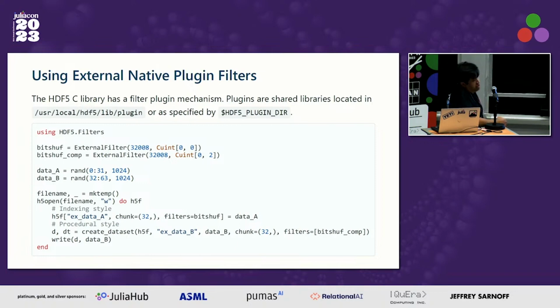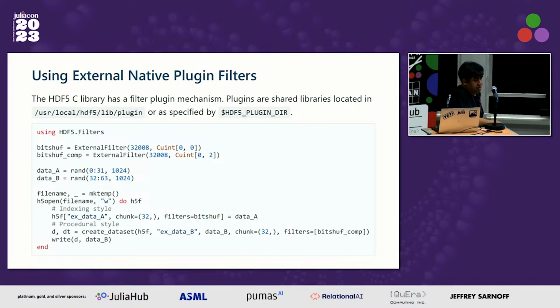So in this case, for an external filter, what I mean is you have a dynamic library that you're loading. So the compression plugin itself is implemented in C. You're just trying to load that through the HDF5 library rather than using one of our Julia-based things. And in that case, all you have to do is specify the filter ID and just ask HDF5 to do it.